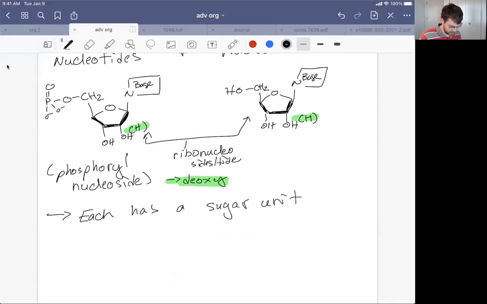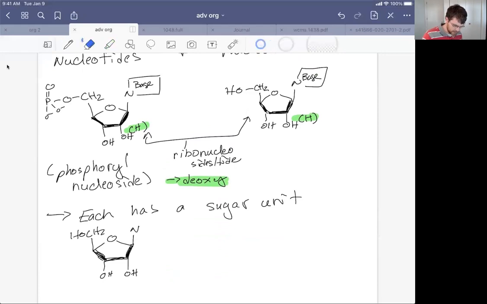And the sugar is either ribose, which if we draw it with a Haworth projection and we put the CH2 on the left, then it goes up, down, down, up. And really, that's the nitrogen that's part of the base. What we're considering is ribose, where we haven't yet replaced that hydroxyl group with the base. So this is ribose.